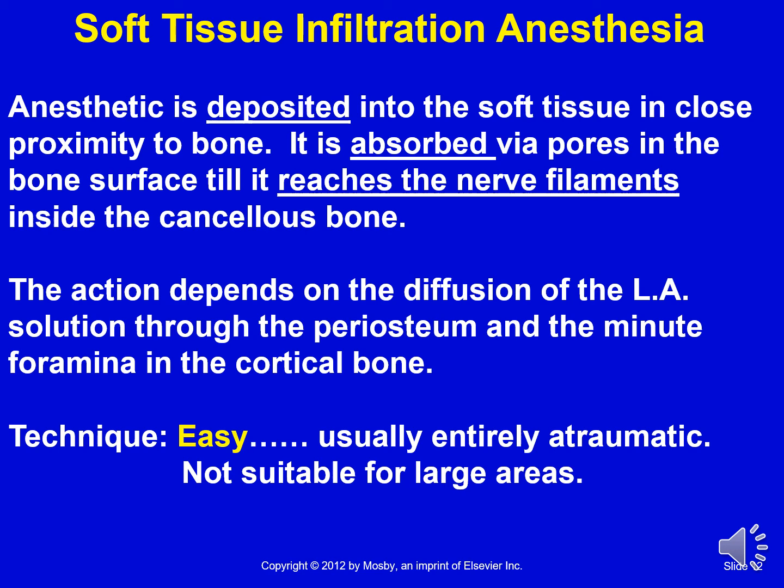It's absorbed through the pores until it reaches the nerve filaments in the cancellous bone and has to diffuse all the way through the perineurium and into the nodes of Ranvier. So whether you get local anesthesia successfully or not is going to depend on the diffusion of that local anesthetic through the periosteum, through the bone, and all of those little foramina in the cortical bone.